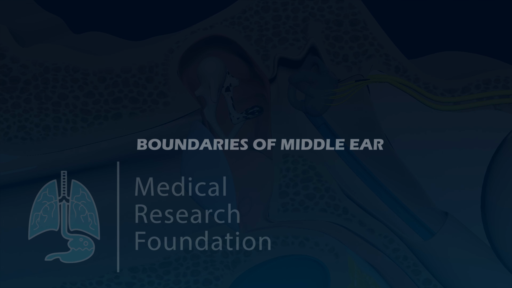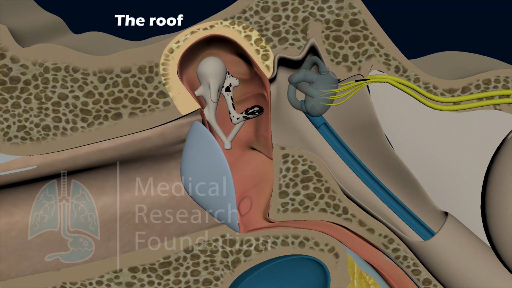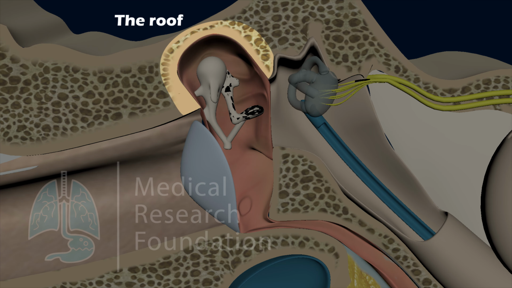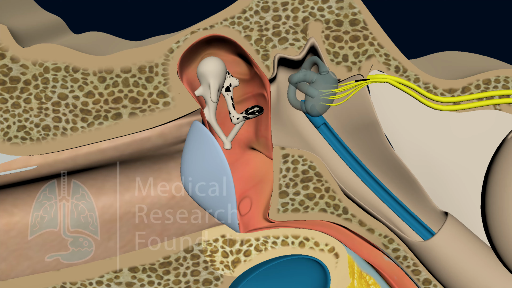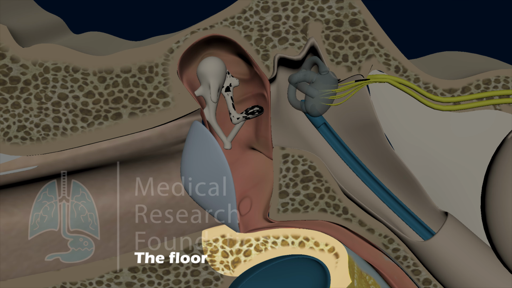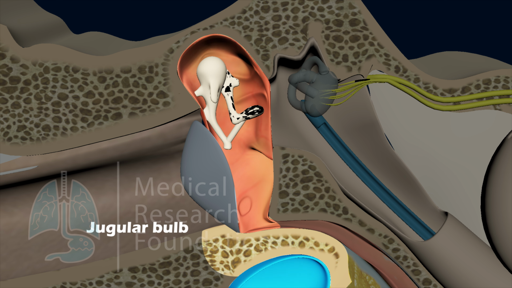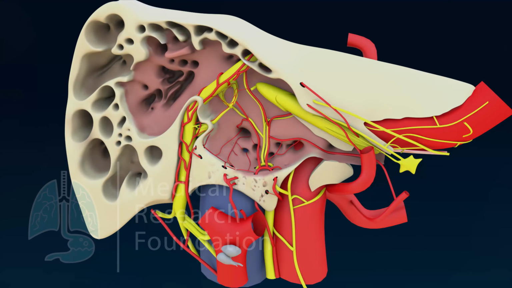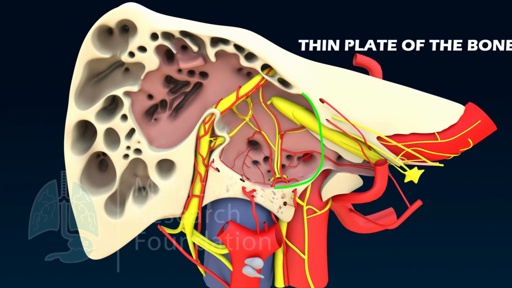Boundaries of the middle ear. The roof is formed by a thin plate of bone called tegmen tympani. The floor is also formed by a thin plate of bone, which separates the tympanic cavity from the jugular bulb. The anterior wall is formed by a thin plate of bone.